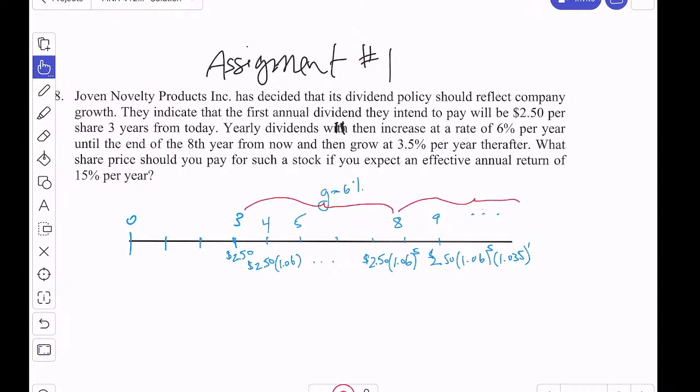So I've just put in the key amounts that I need. I need to know the first payment and when the growth kicks in. And again here, I always take it back. Actually, I should put this all the way back to 2, right?